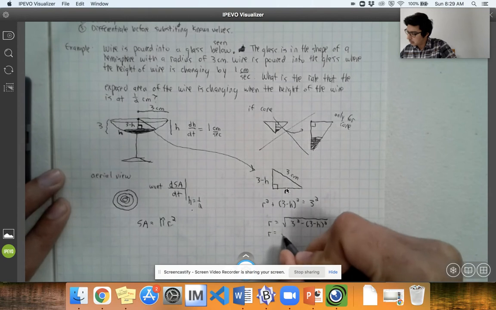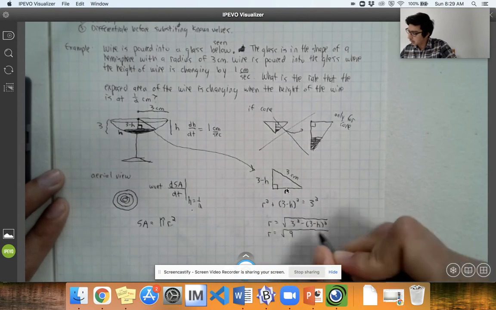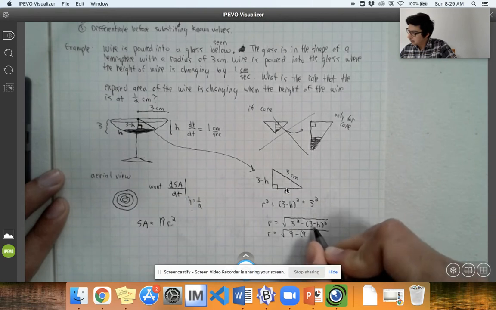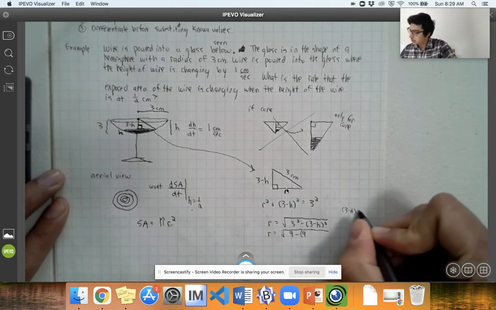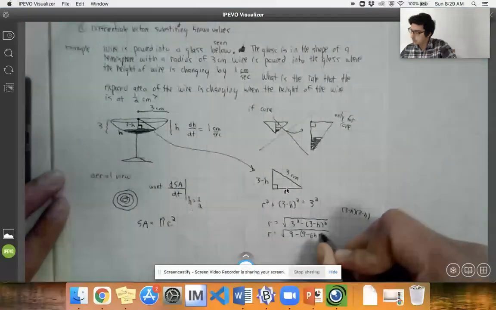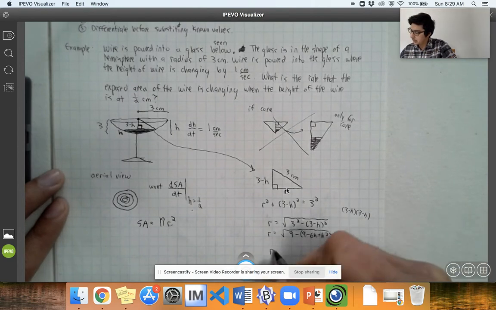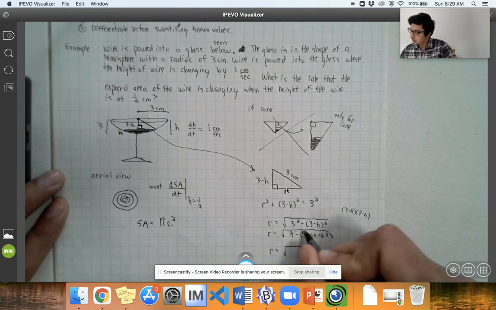That's going to give me 9, and then if you had another 3 minus h, it would be 9 minus 3h, you'd have minus 6h plus h squared. If I clean this up, I'm going to write this as 6h minus h squared.